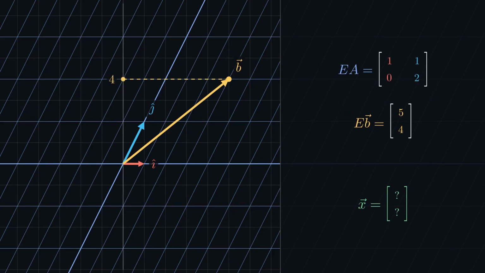Now, we know that the height of x, or where it lands on the y-axis, multiplied by the bottom right value in the matrix A, so the height of j-cap after being transformed by matrix A, is simply the scalar which is multiplied to x's height to get b's height, or 4. We don't know x's height, but we know b's height is 4, and we know the scalar was 2, so something was multiplied by 2 to get to this 4. Simply divide it by 2 and we get the answer. So y is 2.